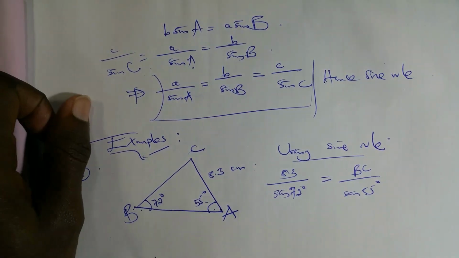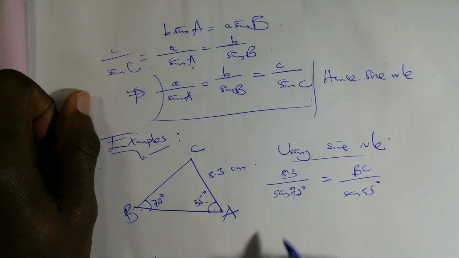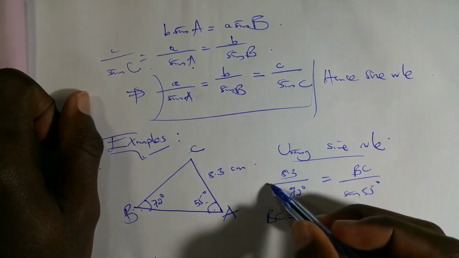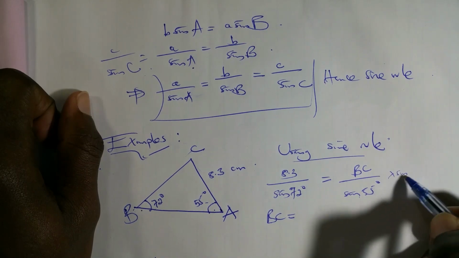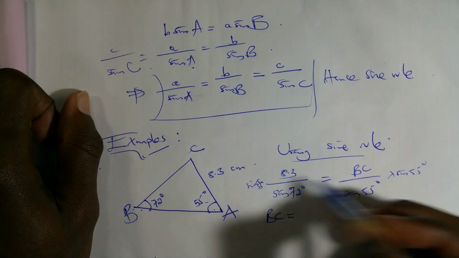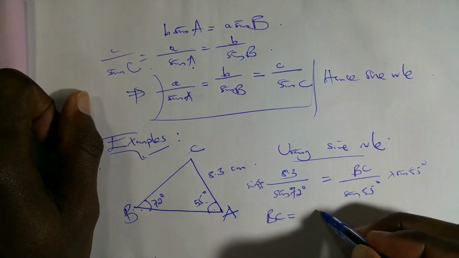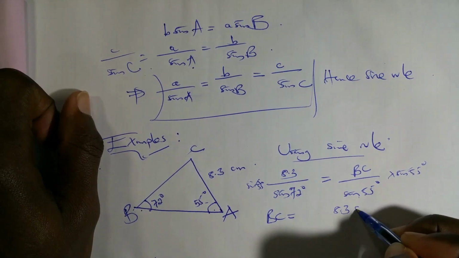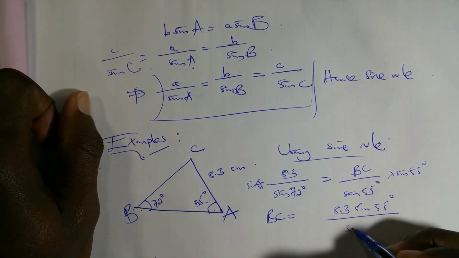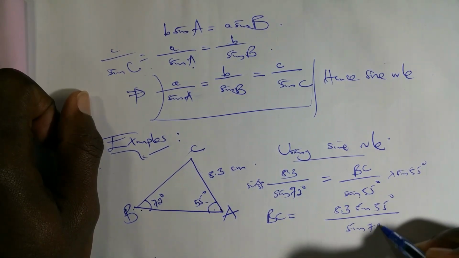From there we can now solve for BC. It's the only unknown we have, so if we multiply throughout by sine 55, that will go. So you have BC equals 8.3 sine 55 out of sine 72 degrees.